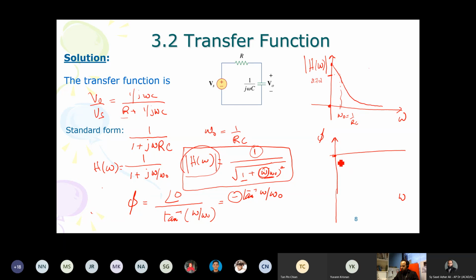As we go on increasing the frequency, we will be decreasing in the negative direction, and at the same value as omega naught, it's like tan inverse 1. What is tan inverse 1? Tan inverse of 1 is 45. So this value will be 45.